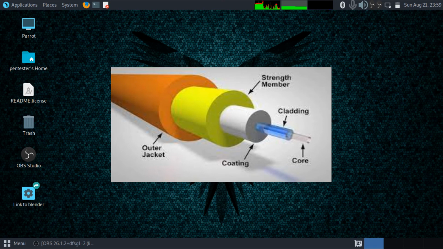Let's take the example of 10001. If it is 1, the light blinks and the receiver will get the idea that if the light blinks, then it is 1, and if the light does not blink for a certain period, then it is 0. Now the light travels in a glass medium, so the communication is very fast.